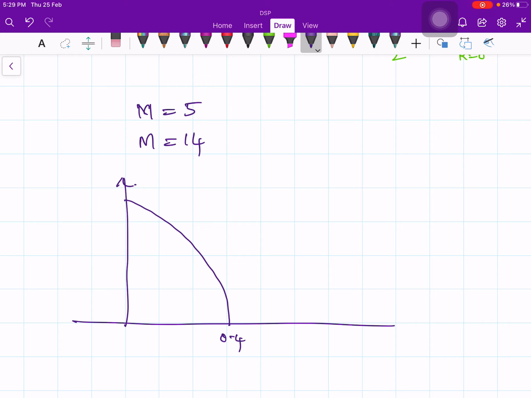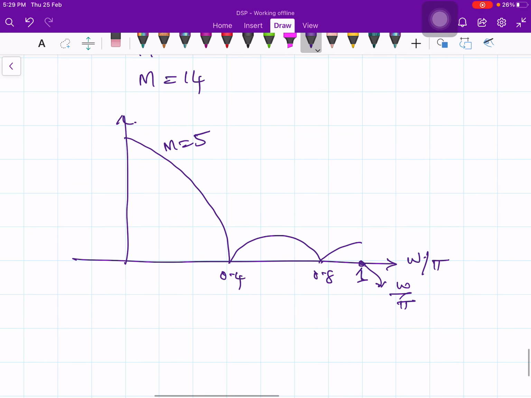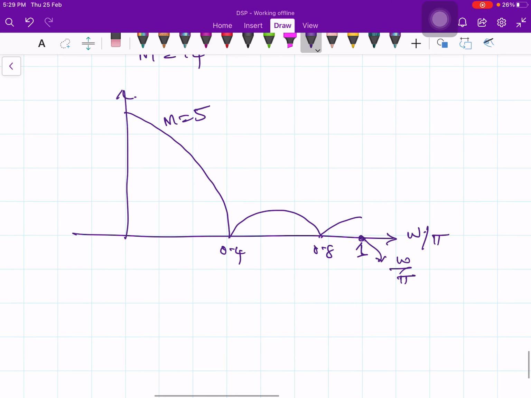Okay, so this is m is equal to 5, and then the next occurs at 0.8, and then it goes like this. This is 1. Okay, this 1 corresponds to omega by pi. This is my omega by pi axis. Therefore, the first transition occurs at what value of omega? We said m by 2, right? Where m is 5.